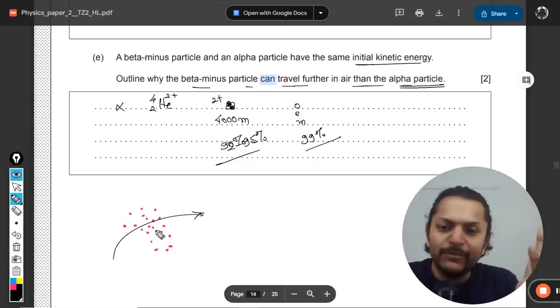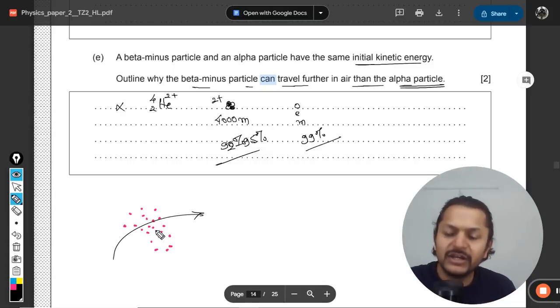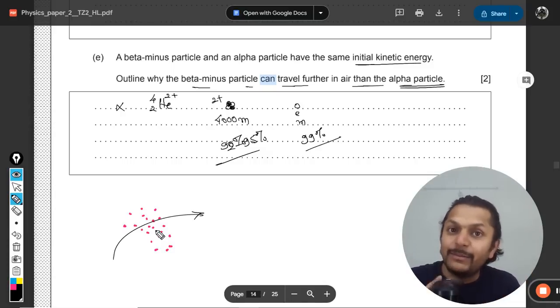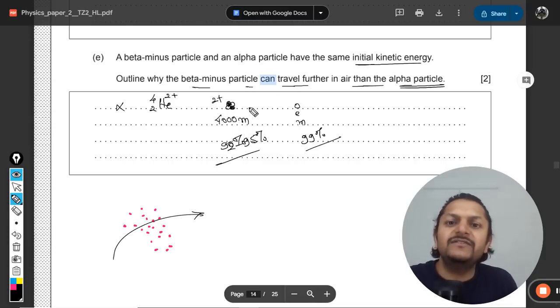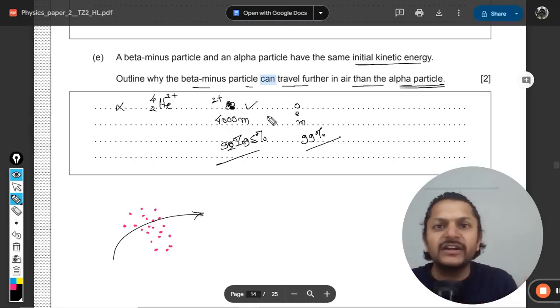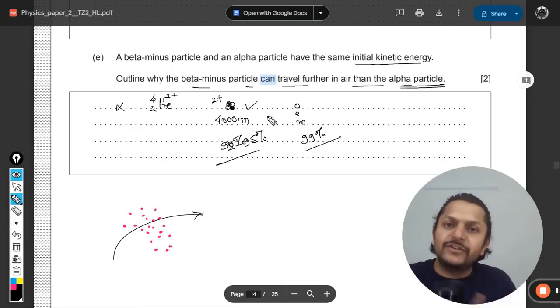Monoatomic, so one atom gas. So it can convert itself into helium gas by attracting electrons. So obviously, we will say that the alpha is not able to survive, because there is a high chance that it will be taking away the electrons from the other gas, thereby creating ionization, and converting itself into something else. So that could be the answer.